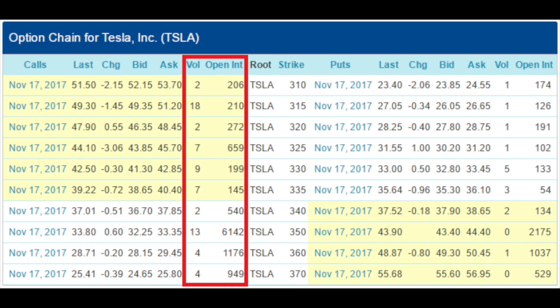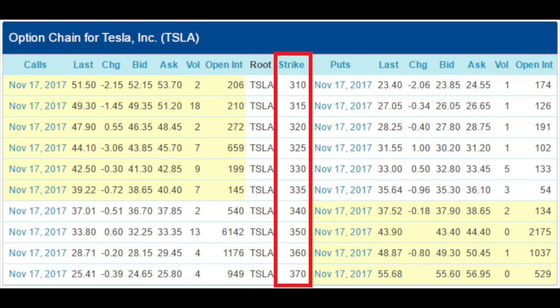The volume column tells us how many contracts have been traded on that single day, while the open interest column tells us how many contracts have been traded in the past and are still liquid, thus not exercised. The strike price tells us at what price the option can be exercised.